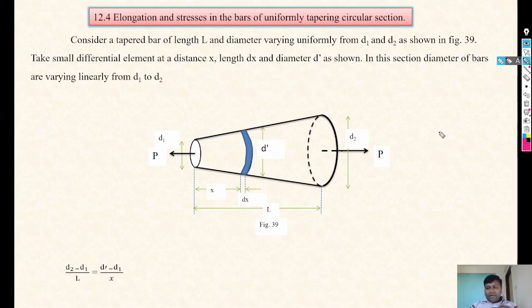That particular section is called a tapering section, and there are two types: the circular tapering section and the rectangular tapering section. In this video we will discuss only the circular tapering section.